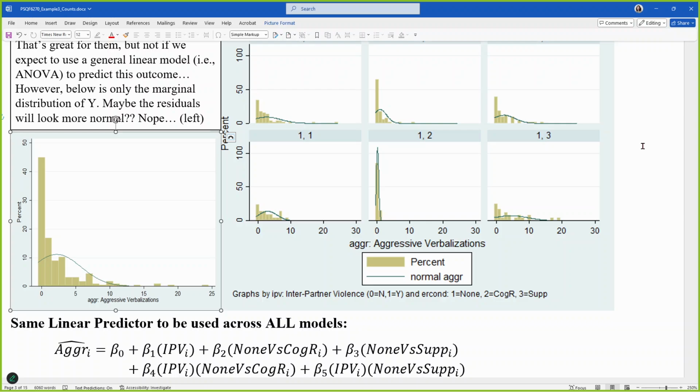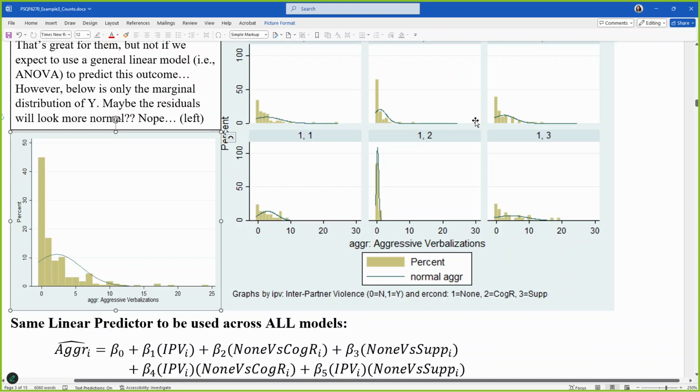I would say I think it's the other way around. What we're looking for is a distribution that would capture these possibilities. So each of these cells has a different predicted mean, which means each of these cells is going to have a different predicted variance. The fact that these values are piled up at 0 and then spread out, the log link is going to fix that problem to make sure that our predicted counts stay above 0 where they belong.